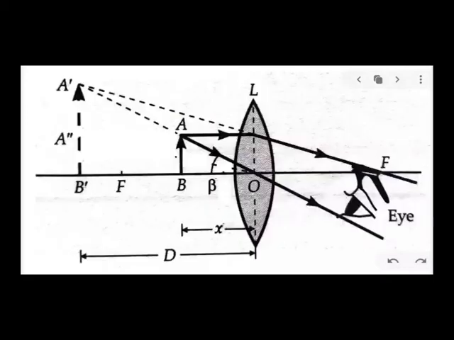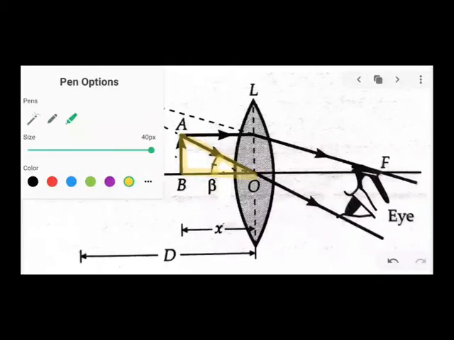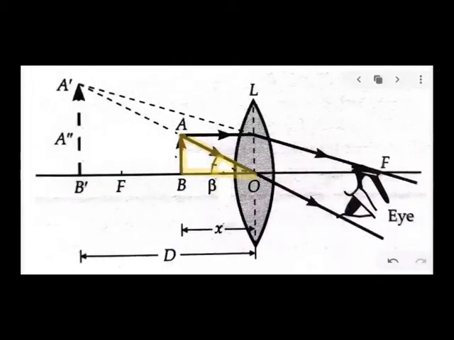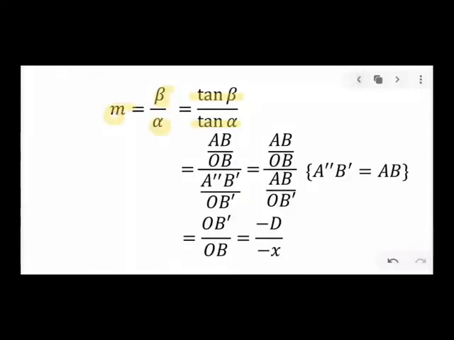Now let us consider the triangle ABO. This triangle has an angle beta, and tan beta means the opposite side AB divided by the adjacent side OB. So instead of tan beta, I can write AB divided by OB.